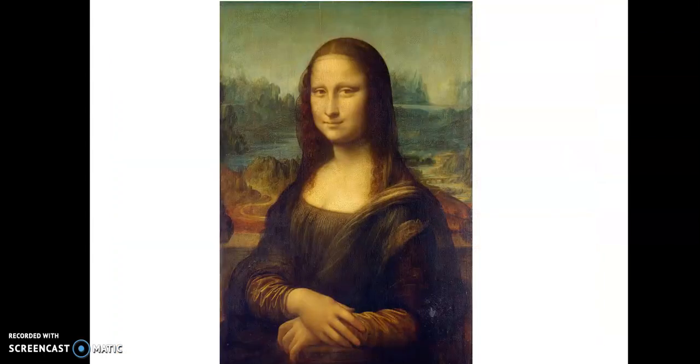The famous Mona Lisa. That one is from about 1503. A well-known piece. It's beautiful use of highlight and shadow, capturing textures.